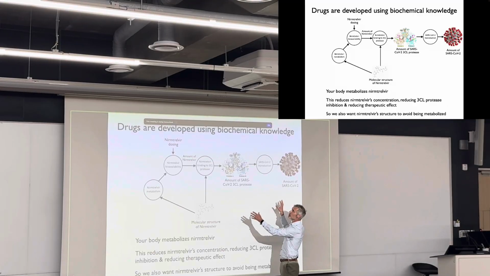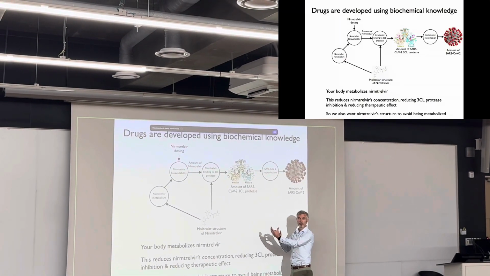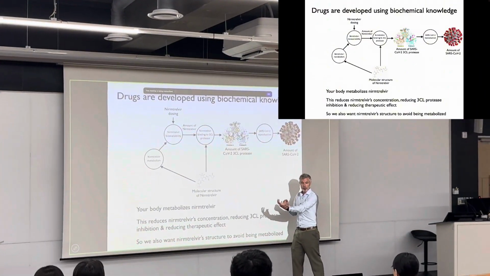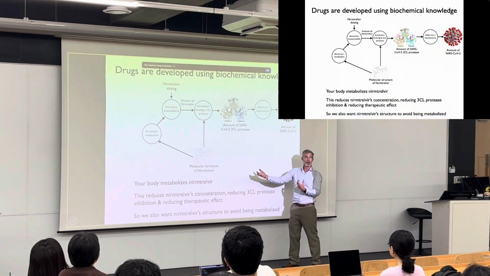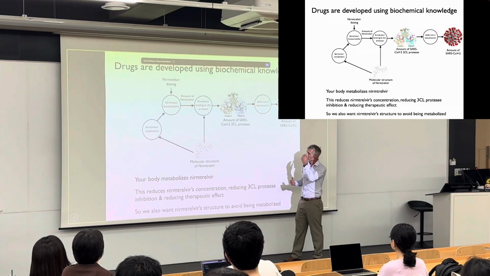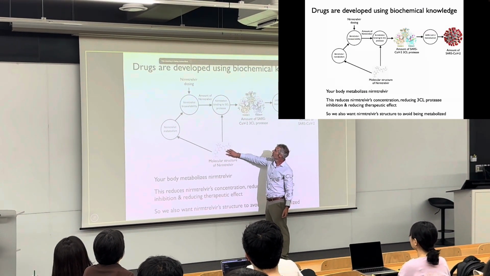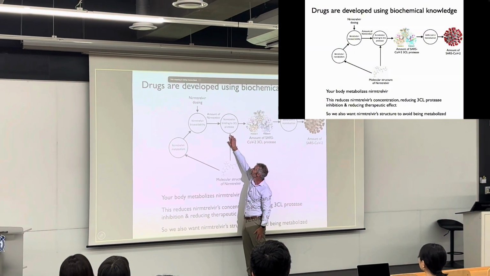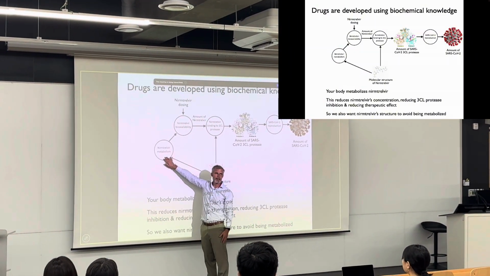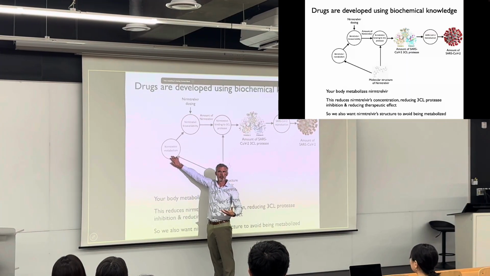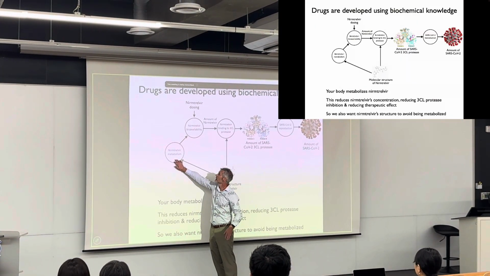I just showed you a simple diagram which was thinking about inputs and outputs, about the relationship between interventions that we perform on the human and things that happen inside the human and health outcomes that result, right? So this molecular structure, yes, it determines binding to 3CL protease, but it also determines the rate at which your body takes this molecule and chops it up and excretes it, right?